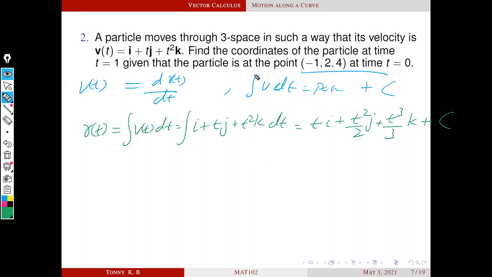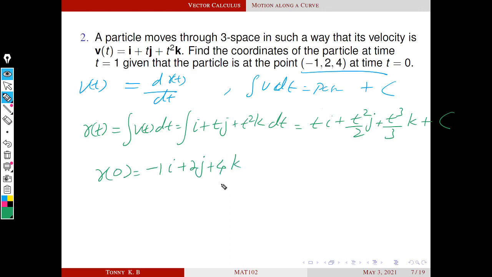This condition gives the position of the particle at t equal to 0. What is the position vector at t equal to 0? We can denote it as r of 0, and it is minus i plus 2j plus 4k.